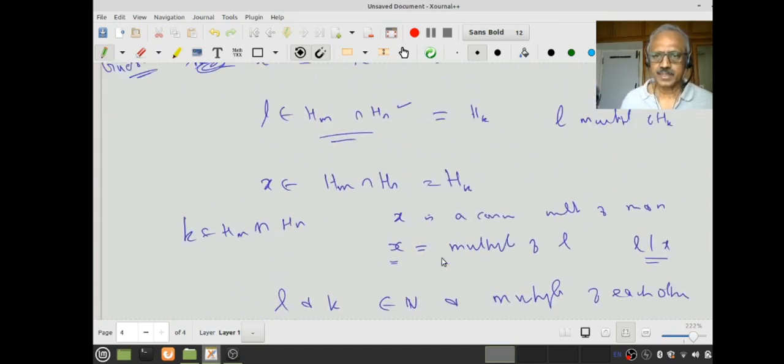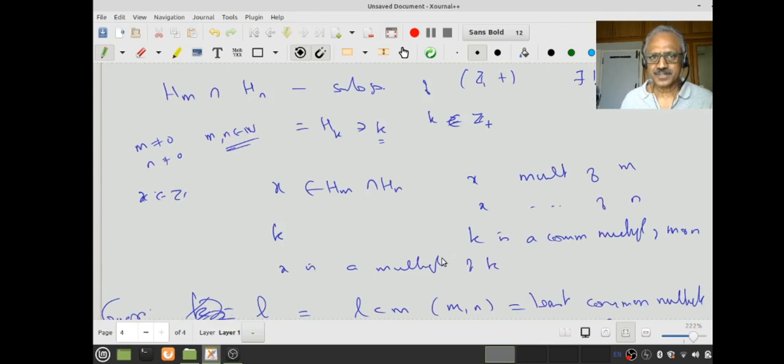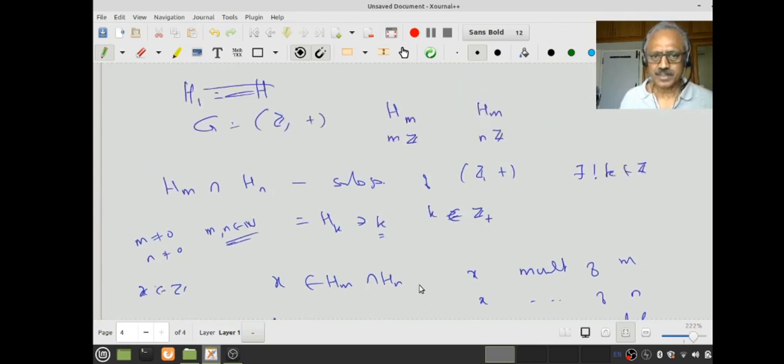So you saw that. Do you see something interesting? We are thinking about additive subgroups of Z, and the intersection of subgroups is a subgroup, we know.